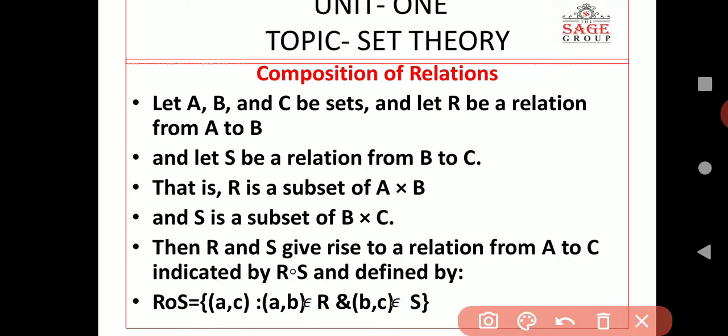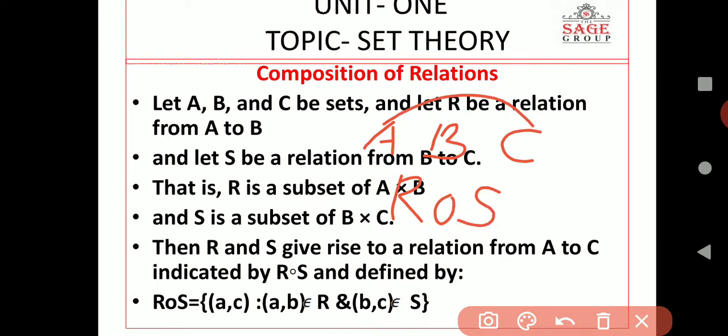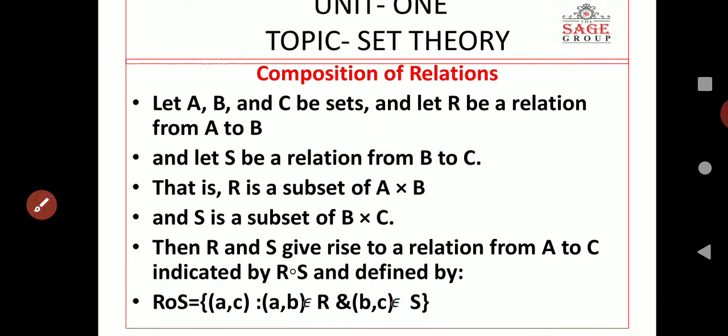If A and B are any sets with a relation R from A to B, and we have another set C and a relation S from B to C, then the relation from A to C, defined as R o S, is called the composition of relation.